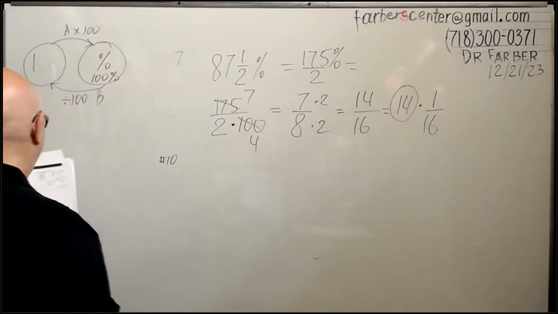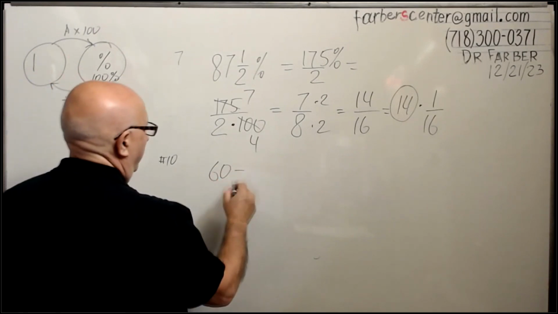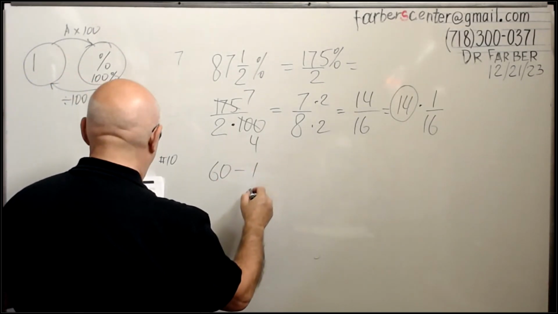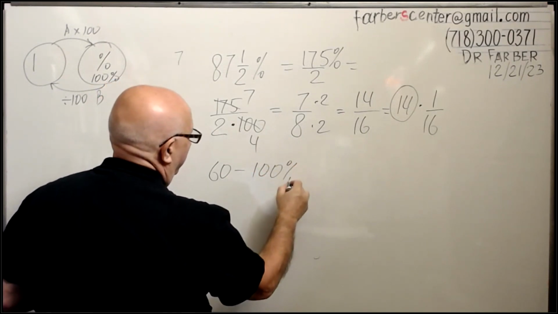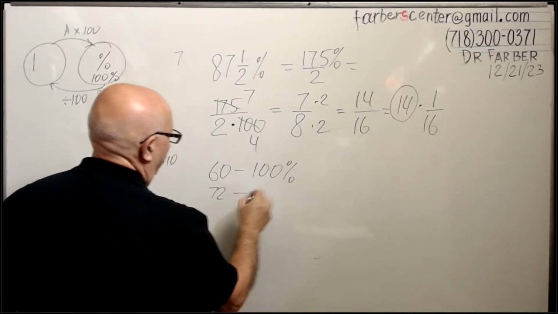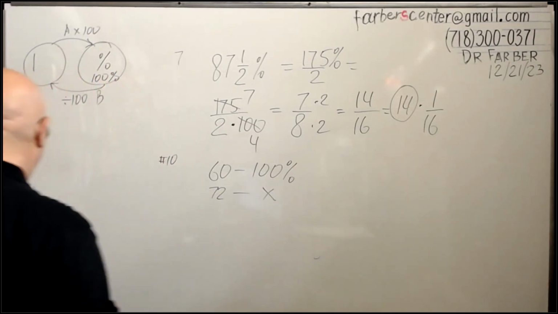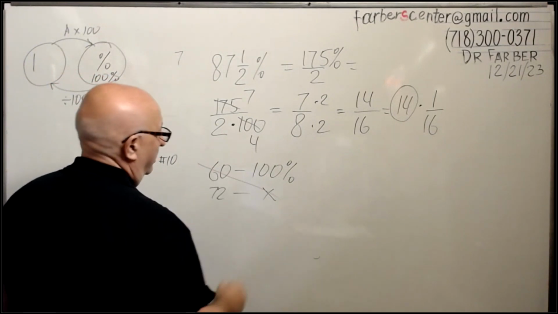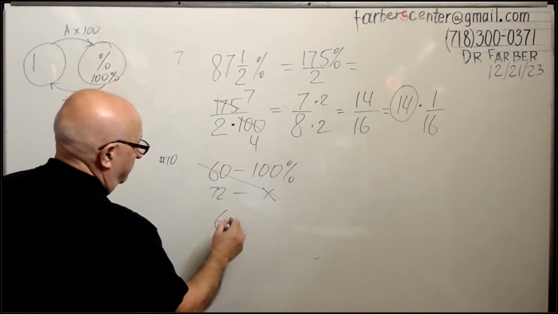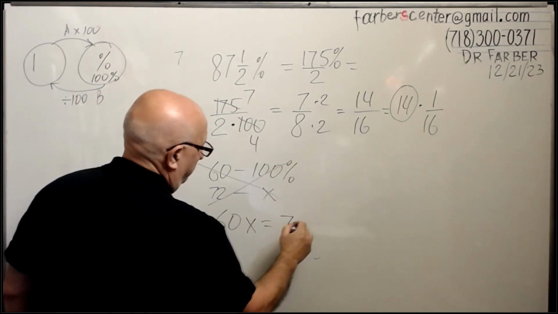What percent of 60 is 72? So 60 is 100%, right? And 72, I have no idea. Percent of the percent, right? So how to solve? 60x equals 72 times 100.